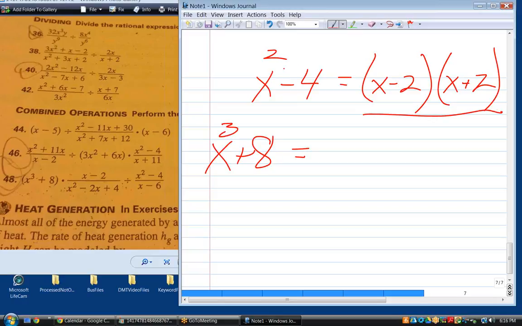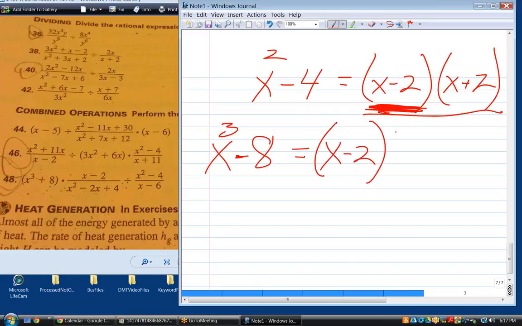Alright. Because this is difference of perfect squares, and the first term is the same sign as what we're dealing with. Alright. If you memorize the difference of cubes and the sum of cubes in a similar manner, well, x cubed minus 8, I know the first term has to have the same sign.